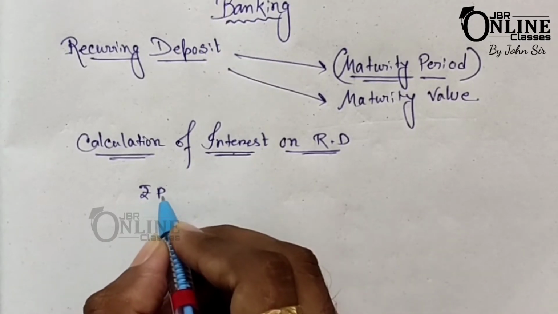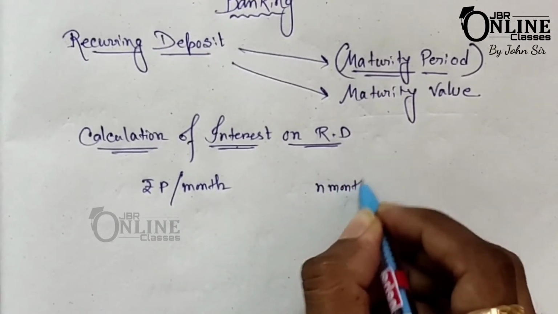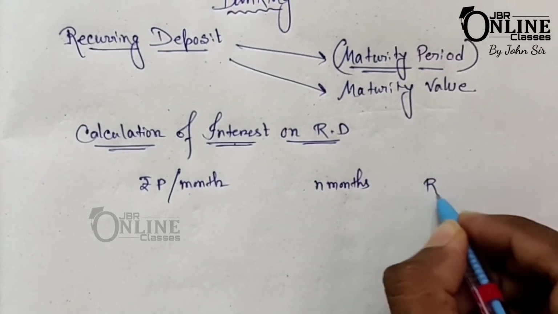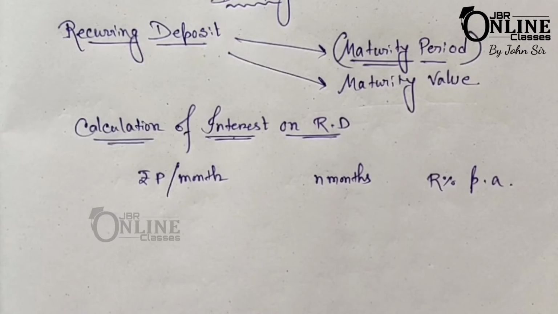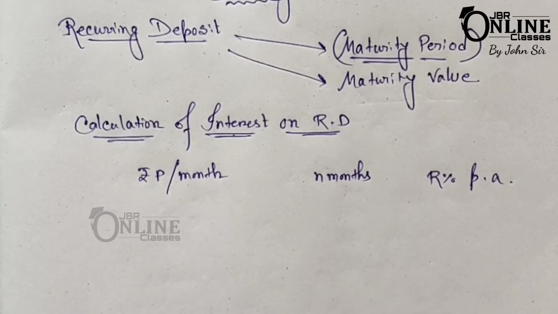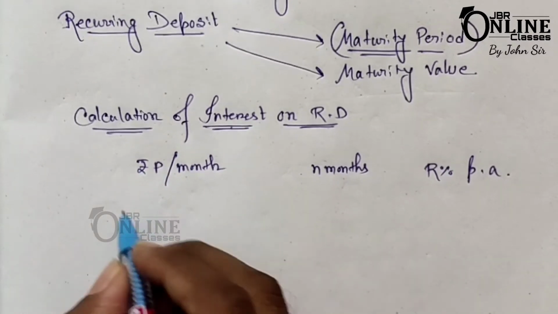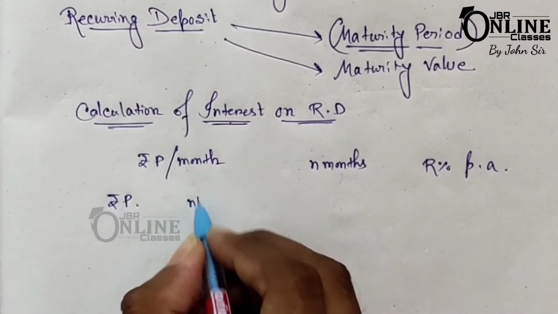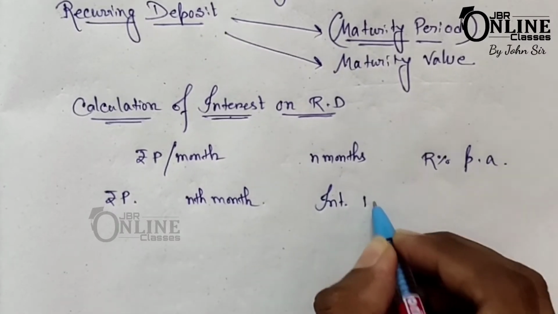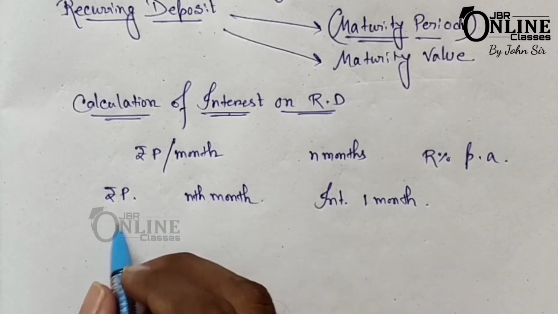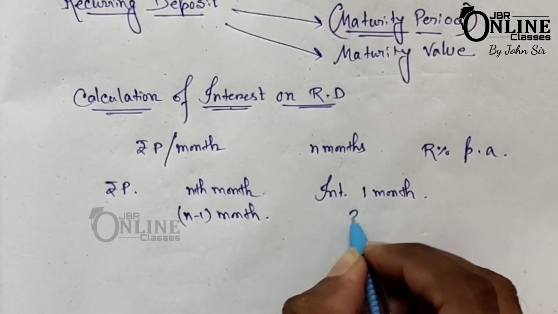Then the rupees P deposited in the nth month will earn interest for 1 month, and that deposited in the n minus 1th month will earn interest for 2 months.